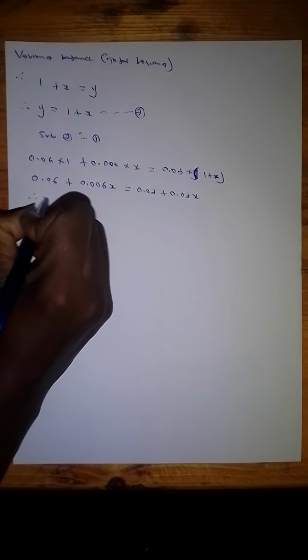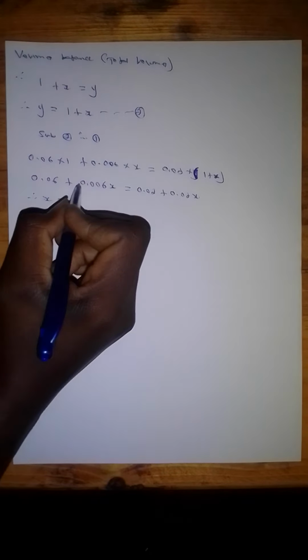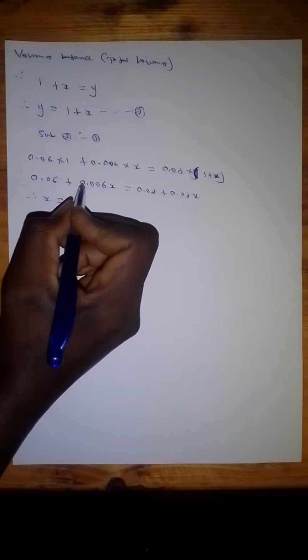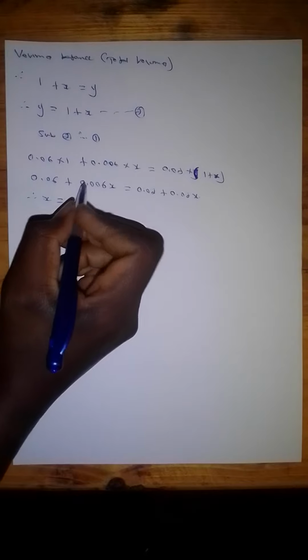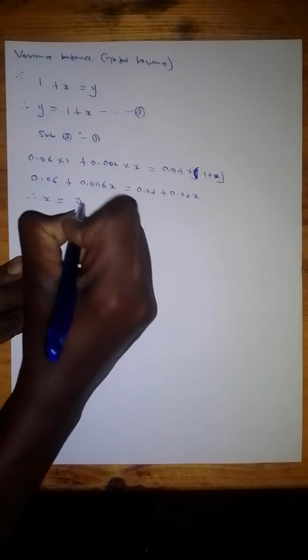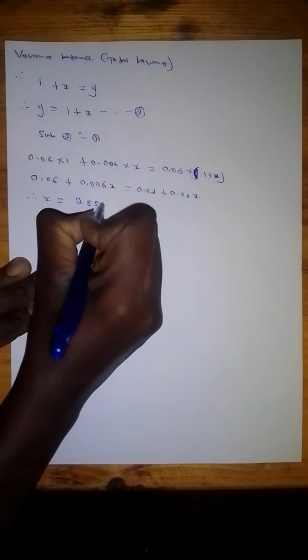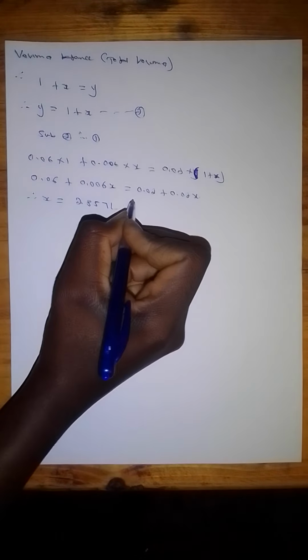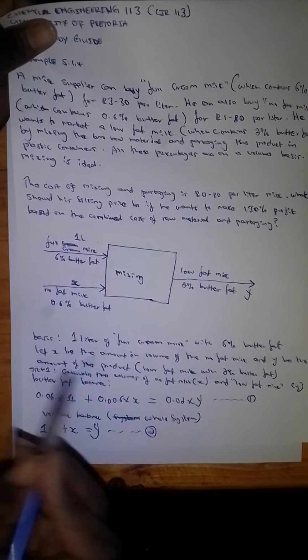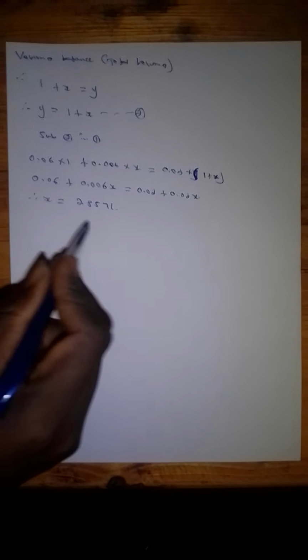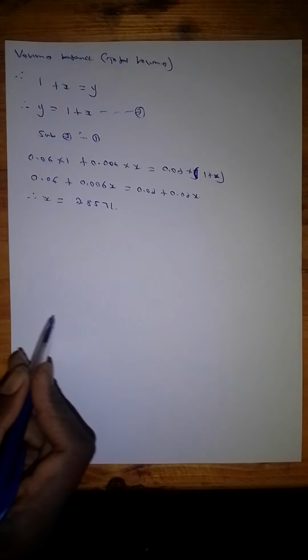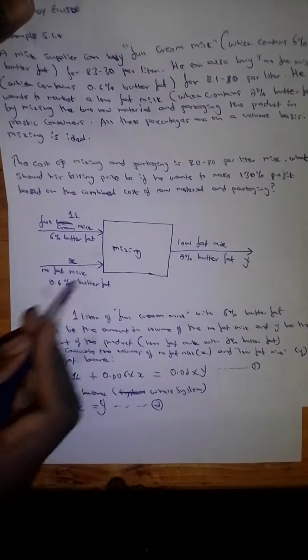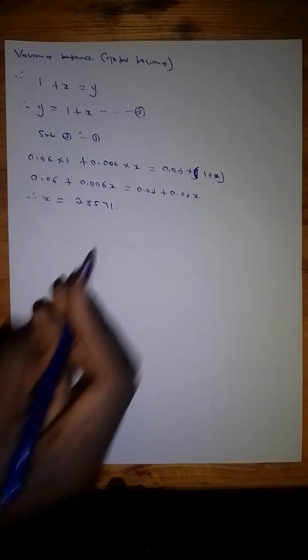That gives us x equals 2.857 liters. This is telling us that this volume is 2.857 liters.